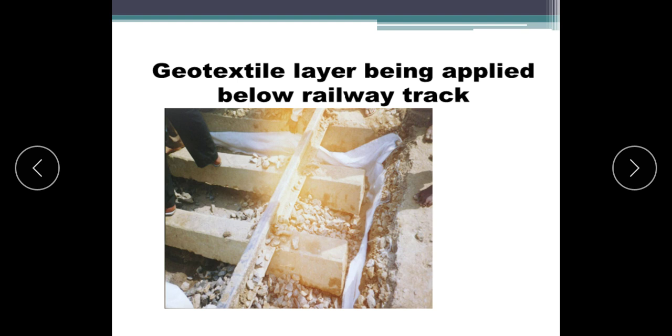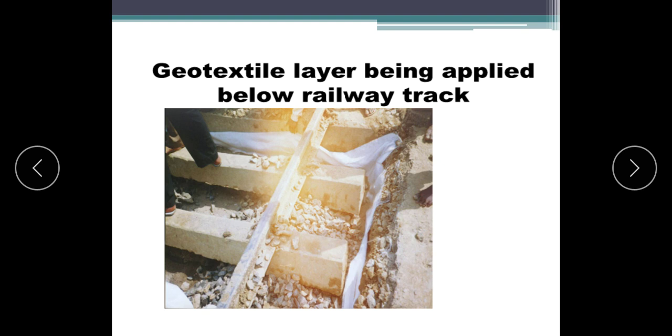So there is a continuous loss of the fine-grained particles there. To avoid that, the geotextile has been applied, to avoid the loss of fine particles, so that it will retain the strength of the subgrade.